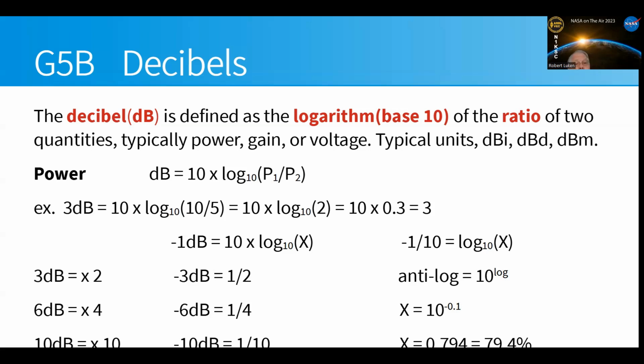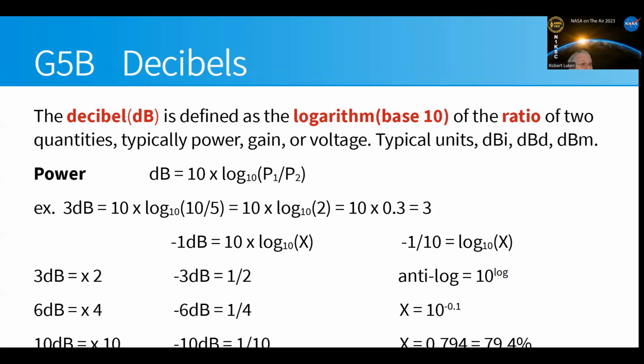-10 is a 10th. 20 dB would be times what? 100. So if it goes up 30 dB, it's going to be 1,000. 40 dB is going to be 10,000.